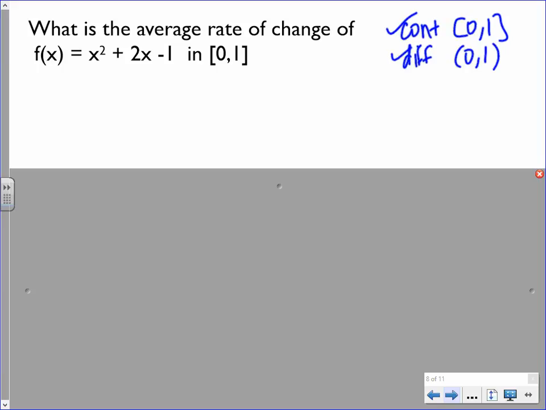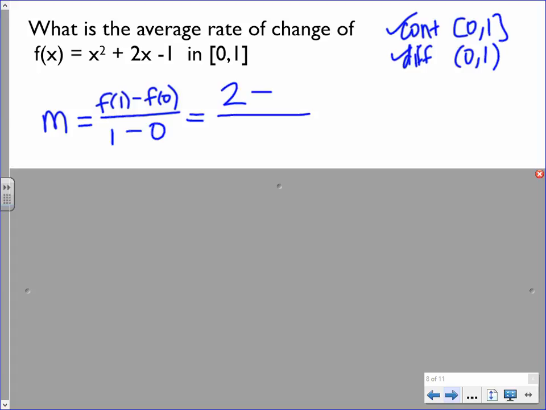The average rate of change from 0 to 1 just means we're finding slope from 0 to 1. So we need f of 1 minus f of 0 over 1 minus 0. What is the function value at 1? 1. Yep.